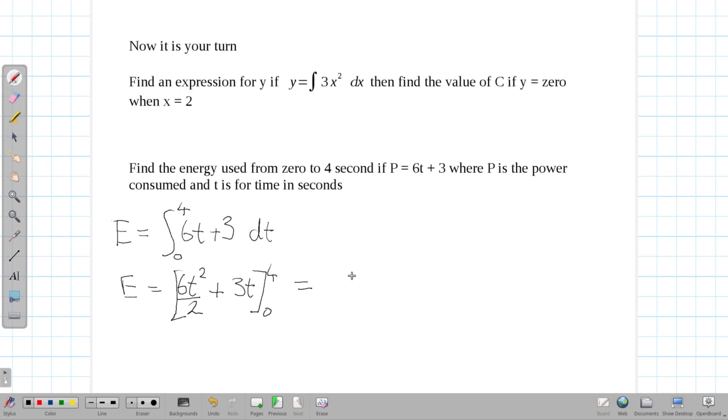So 6 divided by 2 gives us 3. Okay, 0 to 4.